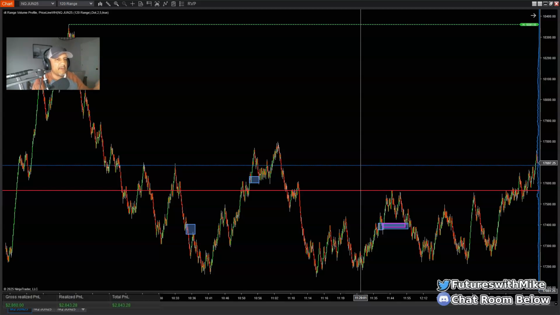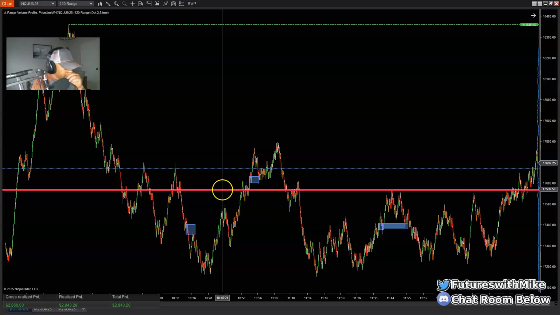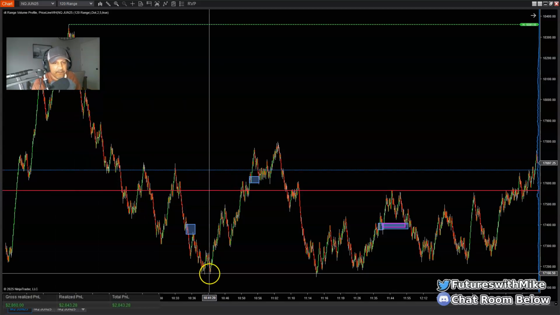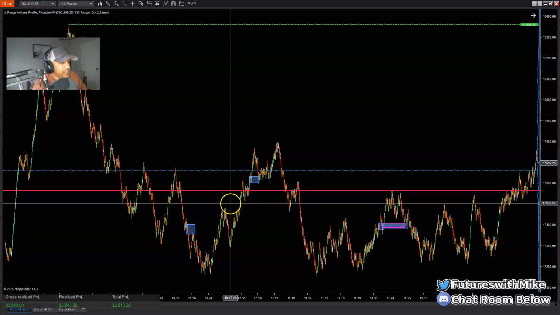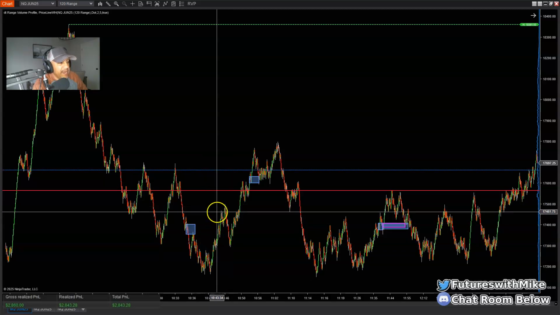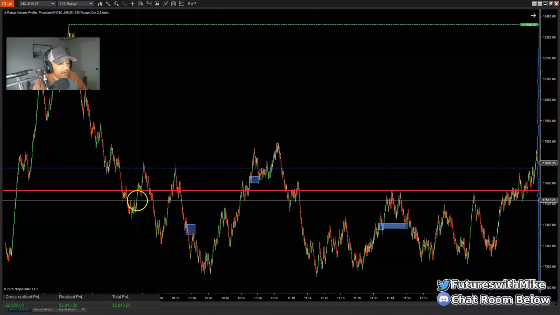Let's say the market, for example, is bearish to the downside, right? And then it starts to push back to the upside. You may have a demand zone resting below, but the overall direction of the market is bearish.